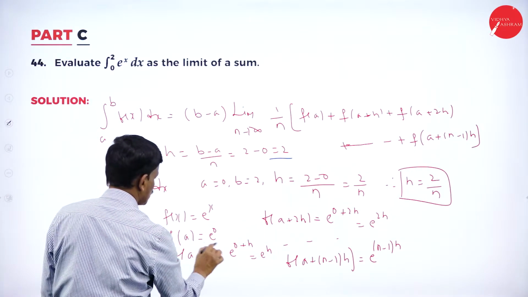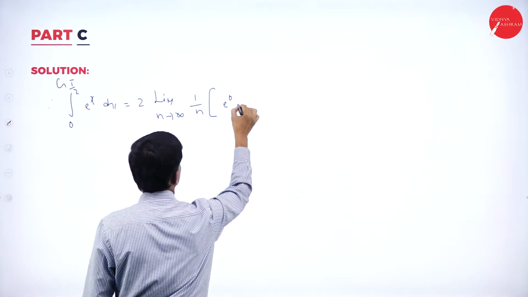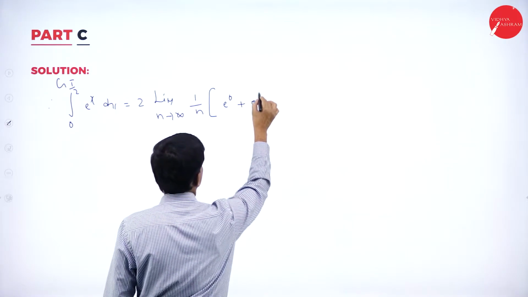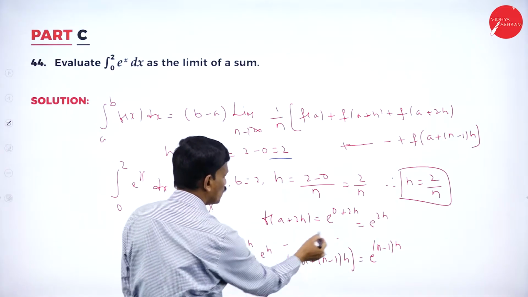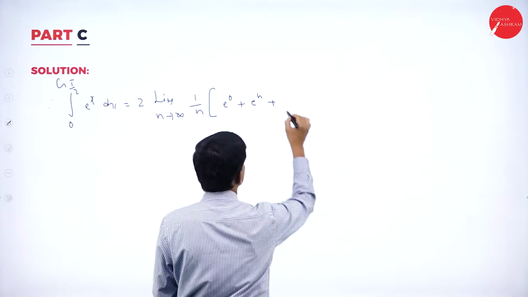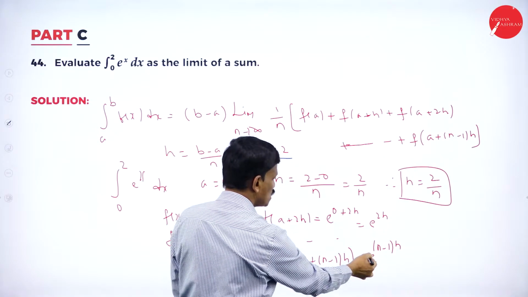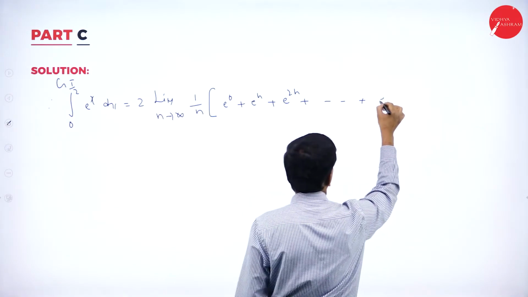What is f of a? That is e power 0, plus f of a plus h is e to the power of h, plus e to the power of 2h, for a plus 2h, plus etcetera, plus the last term, e to the power of n minus 1 into h.